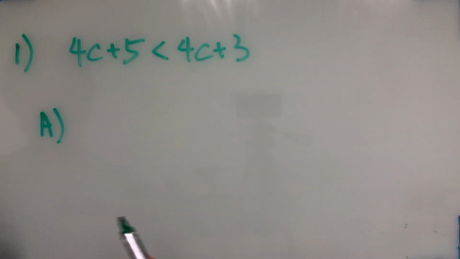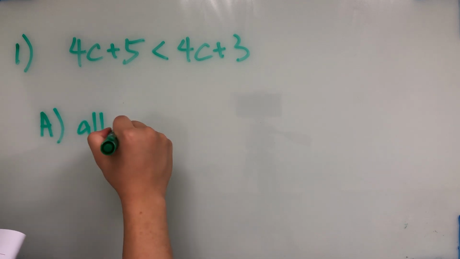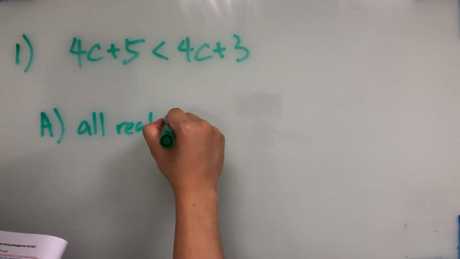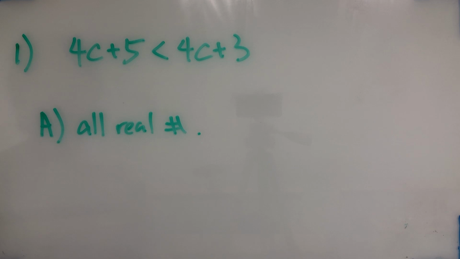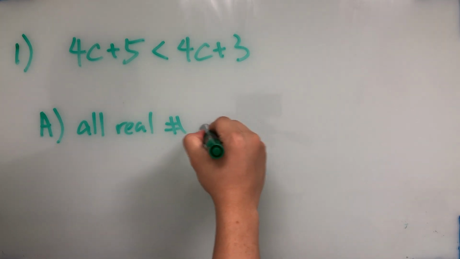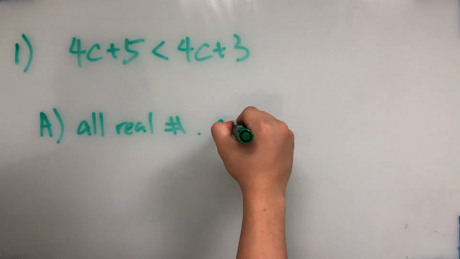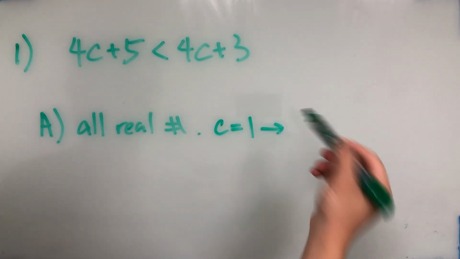A says all real numbers. So you can literally just think of one real number, let's say 1. So let's say C equals 1, right?